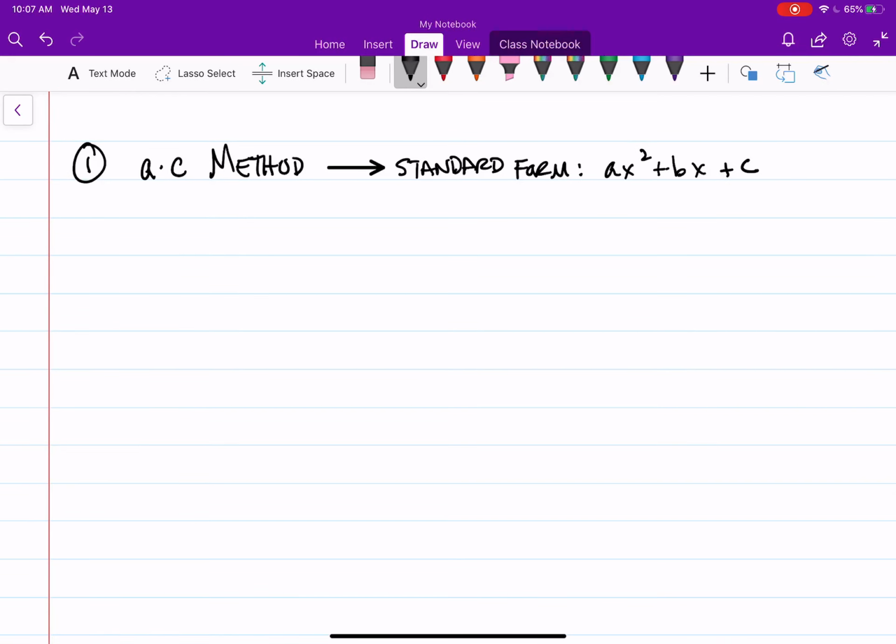Step 1 in the AC method is this: we're going to do a times c and also label b. So what's a times c?